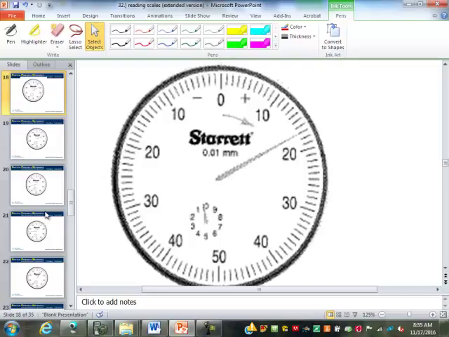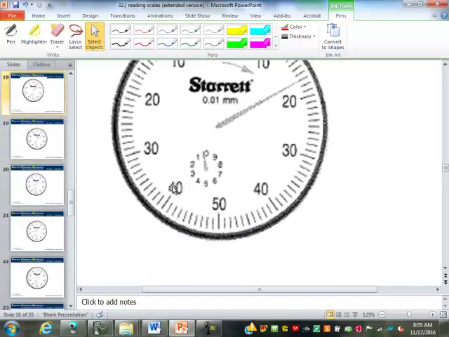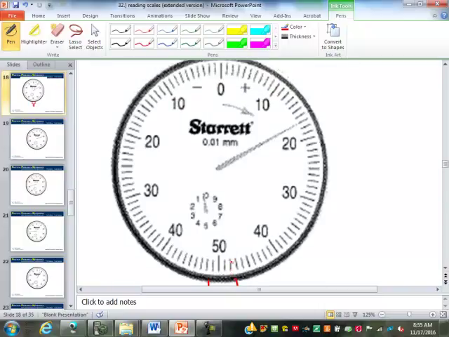What these normally have is, down below them, an indicator that sticks out like this. When you push in on it, the dial rotates, and it measures how far it's been pushed in. This one can actually go in or out on some of them. So that's why you have this arrow here that's indicating it's moving in the positive direction.